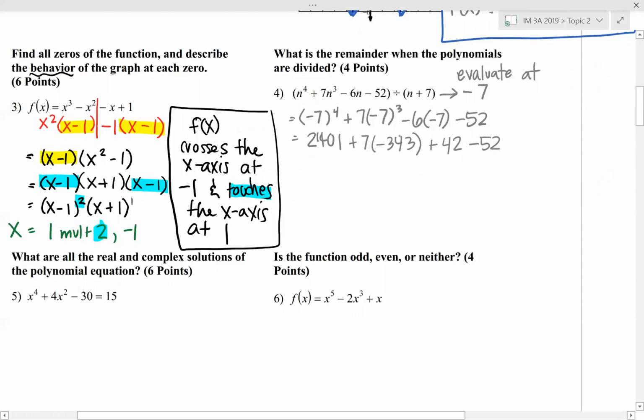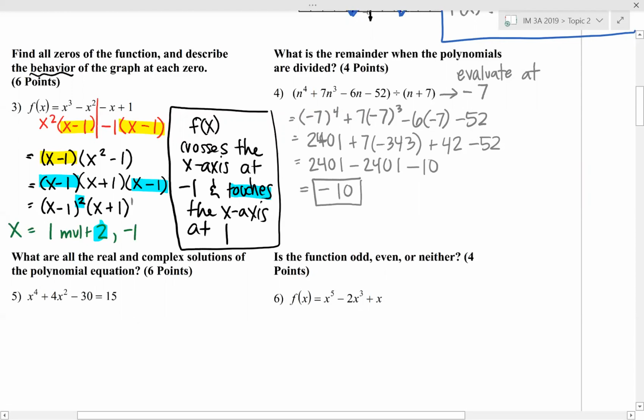And so if I think about this, these are actually going to cancel because the 7 to the 4th we know is 2401. So if I'm multiplying 7 to the 3rd with a negative times a positive, this is going to be 2401 minus 2401. And then 42 minus 52 is going to give us -10. And so that means that the remainder is -10.